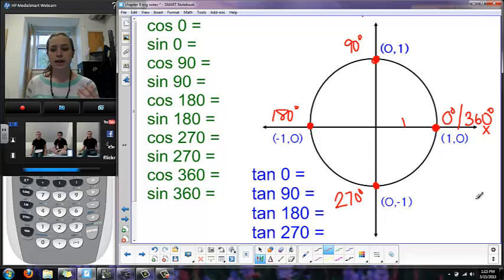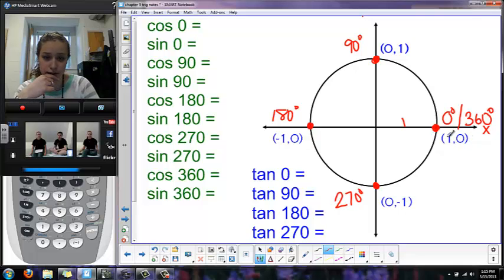So the reason why that's important is because those are our quadrantal angles, right? 0, 90, 180, 270, 360. So we already know what the sine and the cosine are of all of our quadrantal angles by just drawing out a unit circle and then labeling the coordinates of the corners, because we already know. Obviously this is 1, 0.